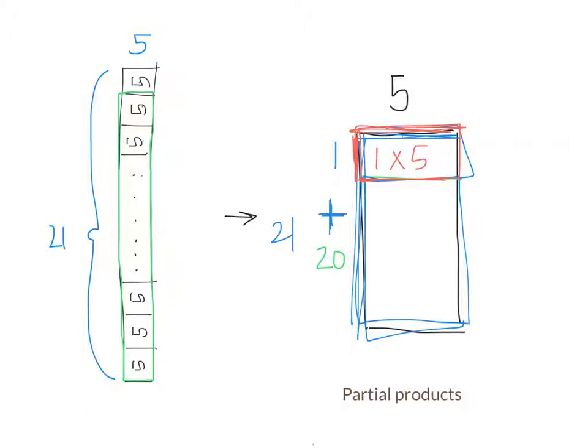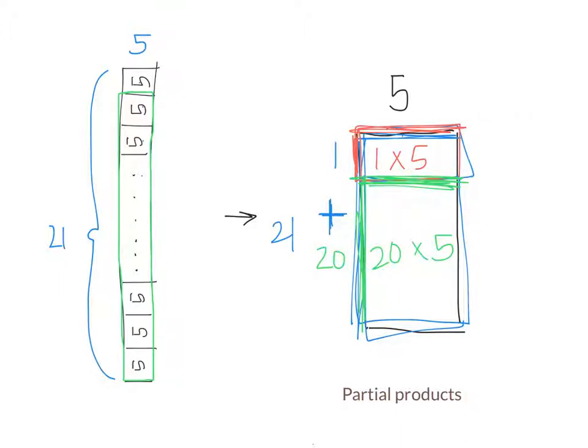So in order to find the area of that section, I would do 1 times 5. In order to find the area of the bottom section, I would do the length, which is 20, times the width, which is still 5, right? Because this width is the same as up there. So in order to find that area, I would do 20 times 5. Does that make sense? This is how we're going to write these area models.